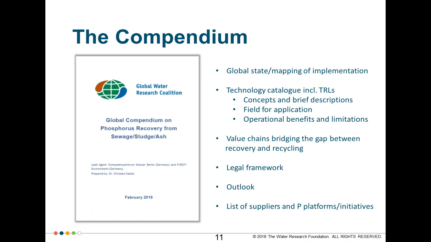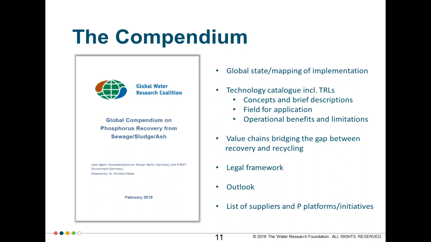But recovery alone is more or less pointless if you are not able to bridge the gap between recovery and recycling. The nutrients have to be fed back into the nutrient cycle, so value chains play a very important role. To trigger this, you need an enabling environment reflected by the legal framework, and we still have some challenges there.